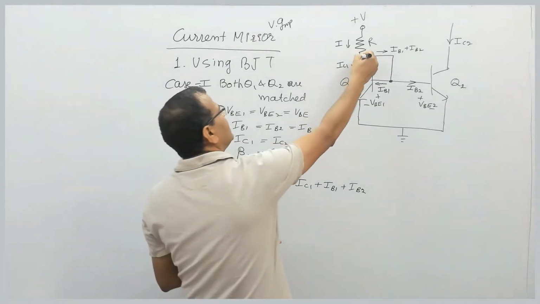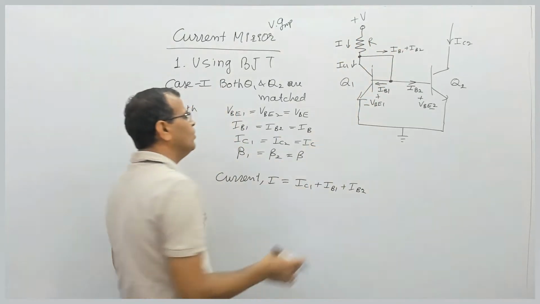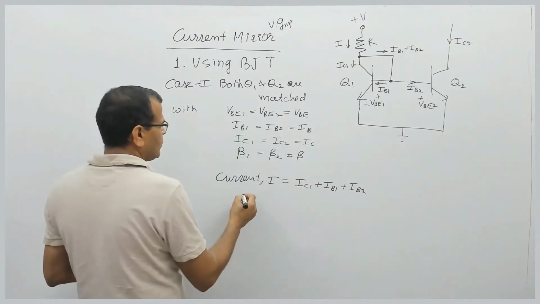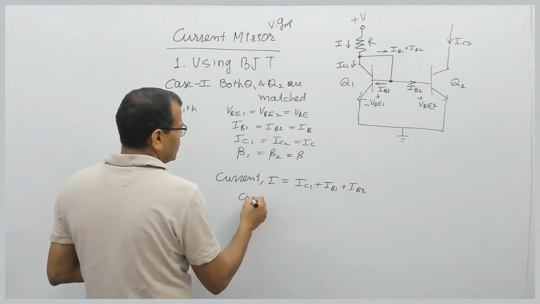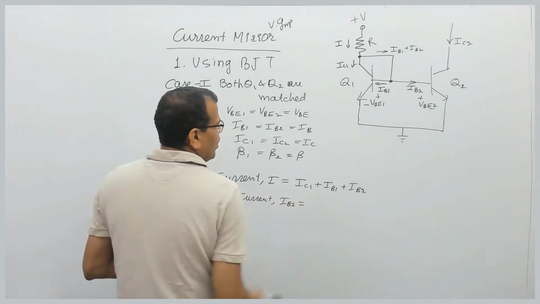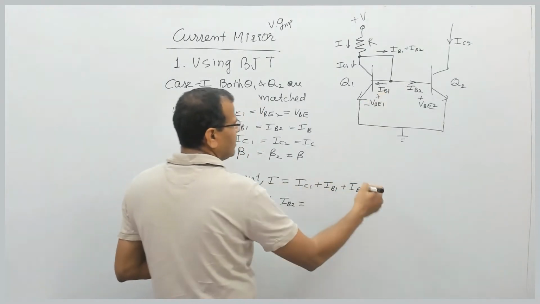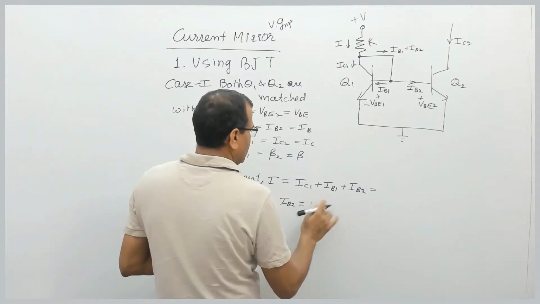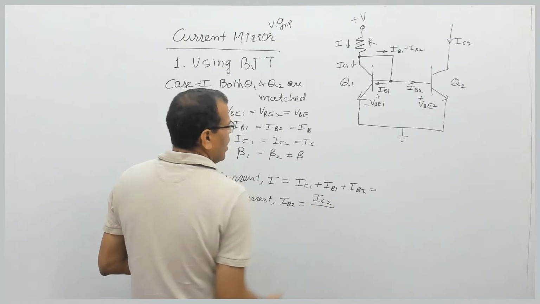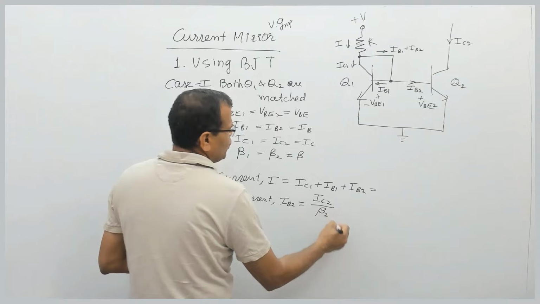Why? You apply KCL at this node. So this is an outgoing current, this is an outgoing current. So this current plus this current must be equal to current I. What is IB2? Current IB2 is equal to IC2 upon beta 2.